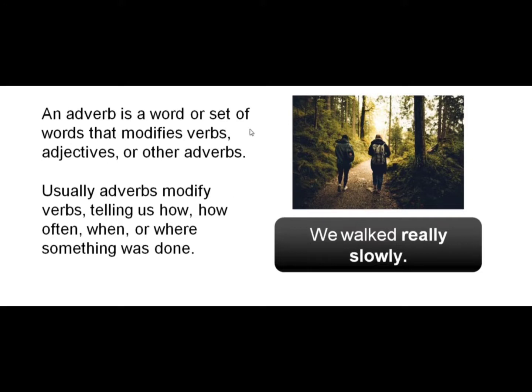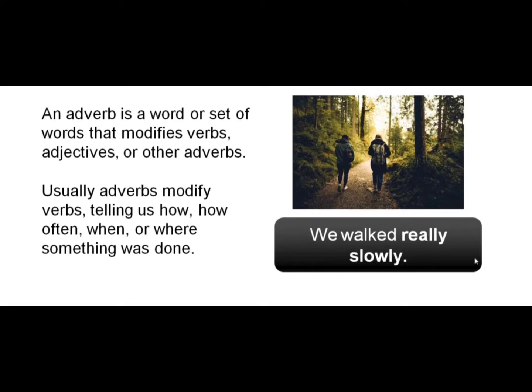Remember that an adverb is a word or set of words that modifies verbs, adjectives, or other adverbs. Now, usually, adverbs modify verbs, telling us how often, when, or where something was done. Have a look at the example over here. We walked really slowly.